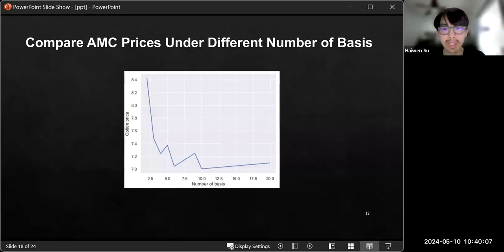And from the plot, we can see that from 2 to 5, this rapid decrease suggests that increasing the model's complexity initially helps in capturing more dynamics.